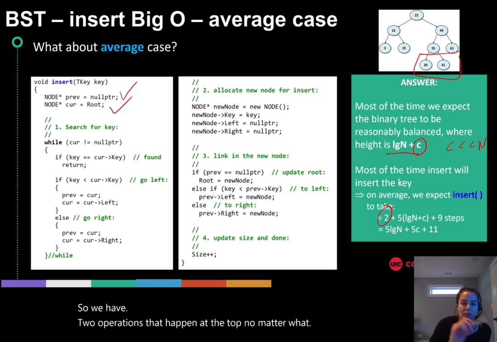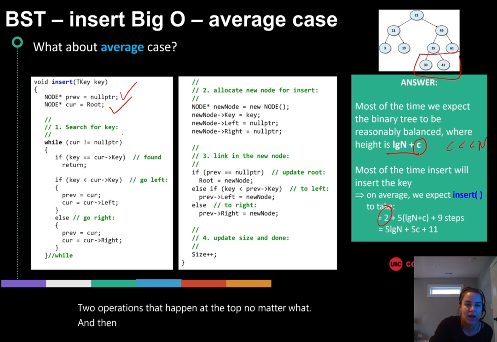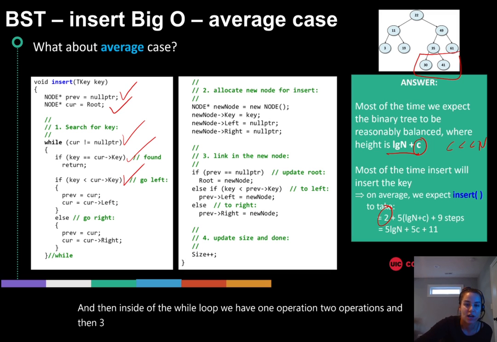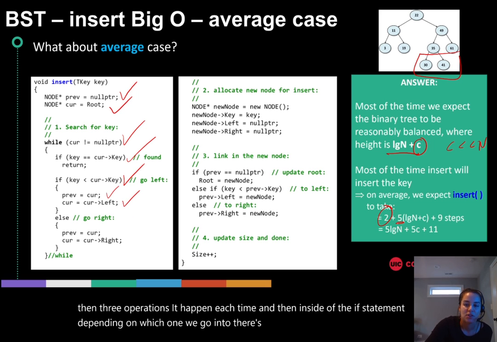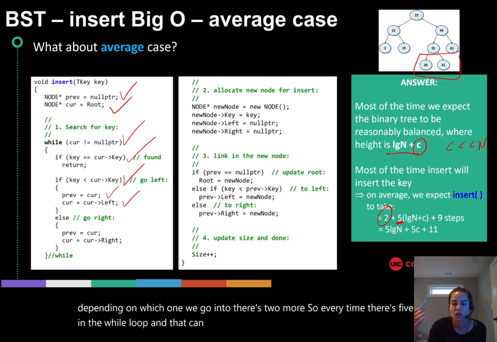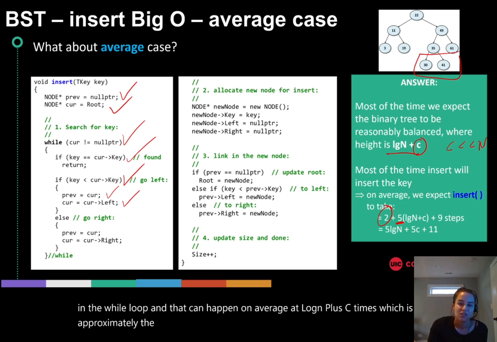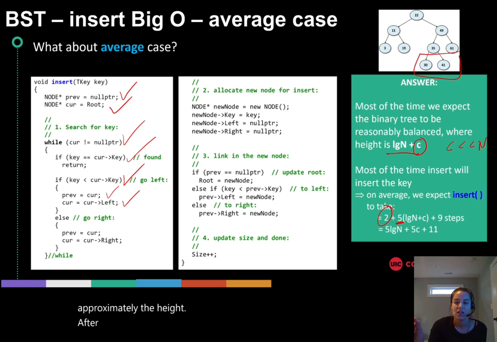And then inside of the while loop, we have 1 operation, 2 operations, and then 3 operations that happen each time. And then inside of the if statement, depending on which one we go into, there's 2 more. So every time there's 5 in the while loop, and that can happen on average at log n plus C times, which is approximately the height. After that, we have 9 left over.